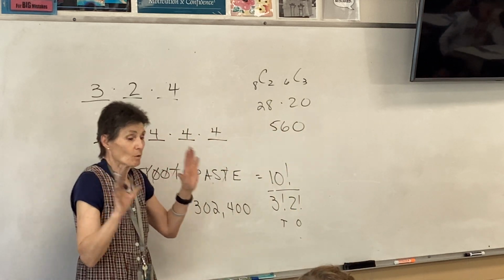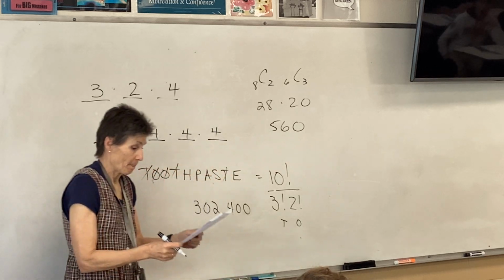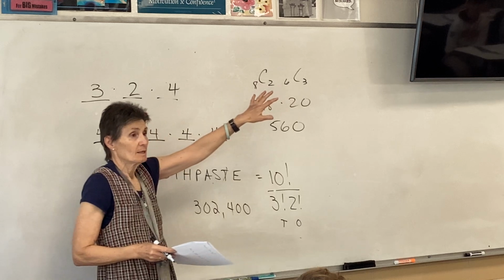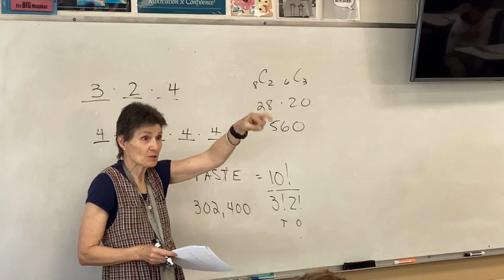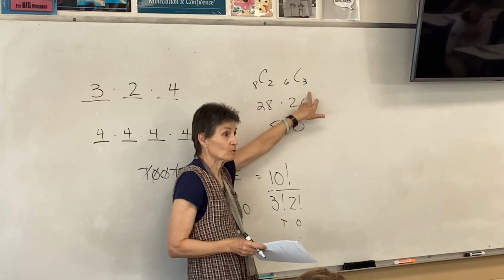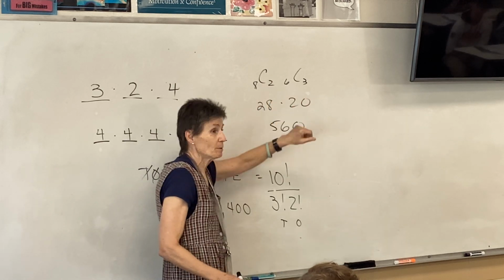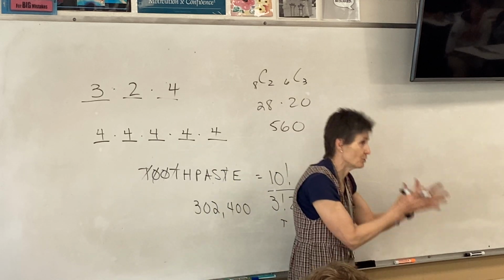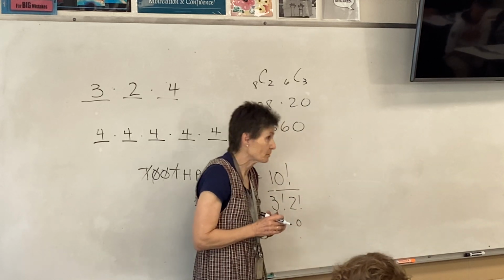I don't know if that's right or wrong. What do you guys think? Why 8C2? Because there's 8 seniors and you're picking 2, and 6 juniors and you're picking 3. And why are we multiplying those? Because you are picking seniors and juniors. So that's a multiply.